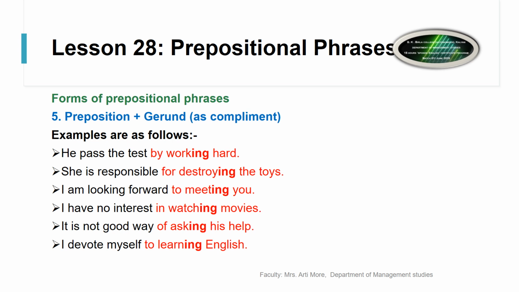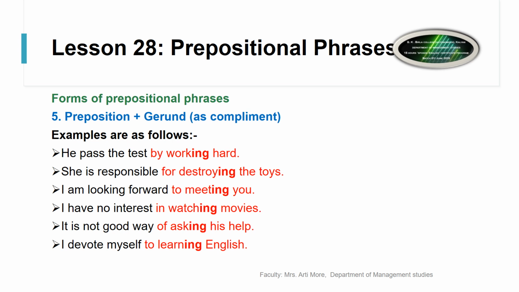Gerunds are words that form with verbs but actually act like a noun. To find gerunds in sentences, just look for a verb plus ing that is used as a noun. Okay, students? If you see the examples below, you will find lots and lots of ings in these examples.